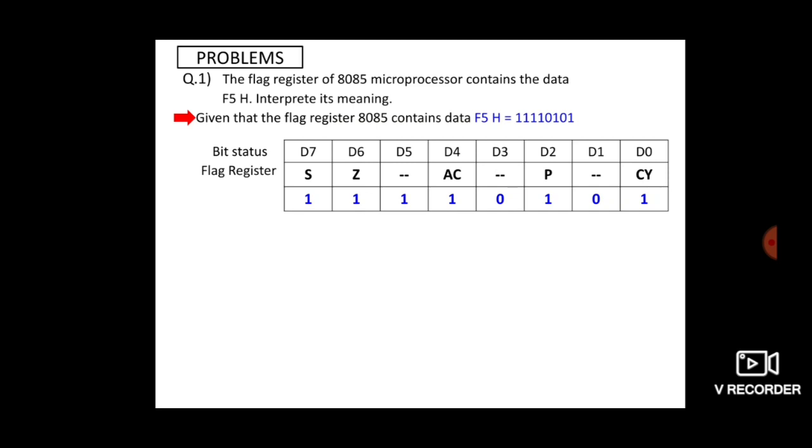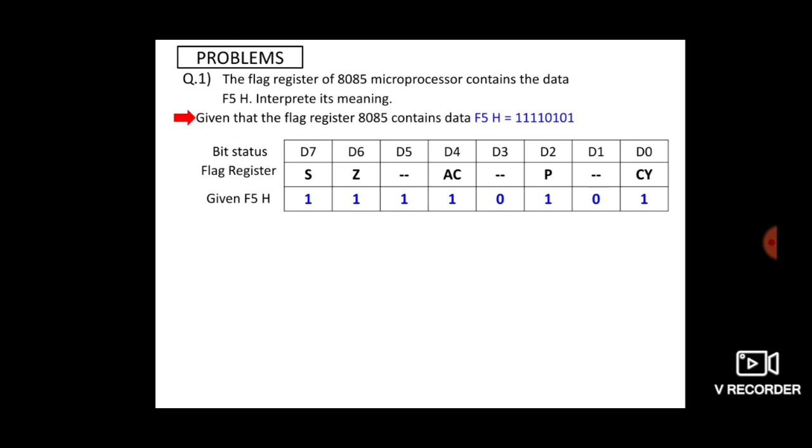Now in this flag register status, put the value F5, that is 11110101. This is the given value in the flag register.